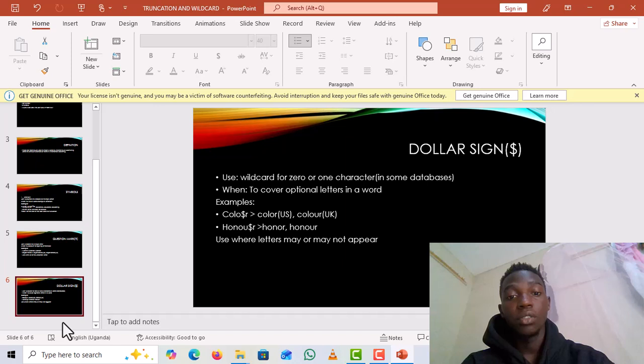Honor: in USA, there is no U, but in UK there is U. So to search properly, instead of writing U or O when you don't know which they account for, you just put a dollar sign instead of O and R.